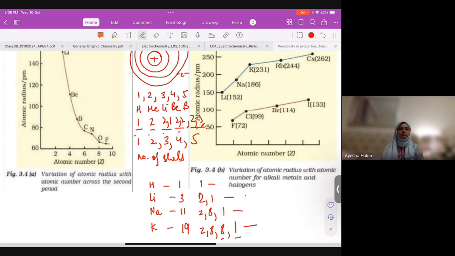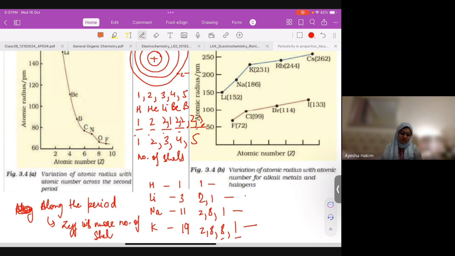So along the period, atomic radii will decrease, and down the group it will increase. Along the period, Z effective, called the nuclear charge, is more, and the number of shells is not more, you can say the same.